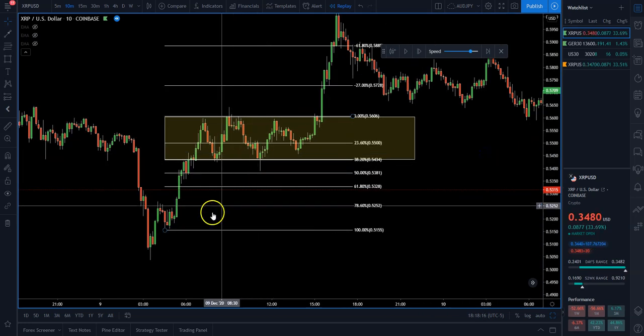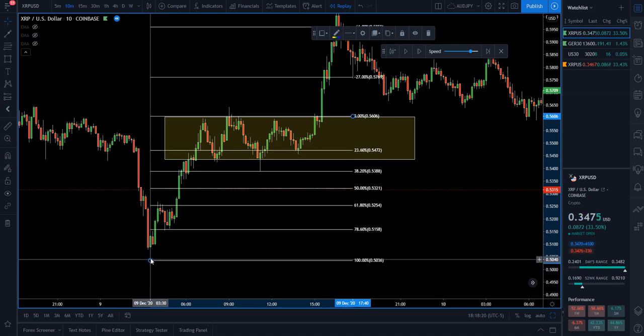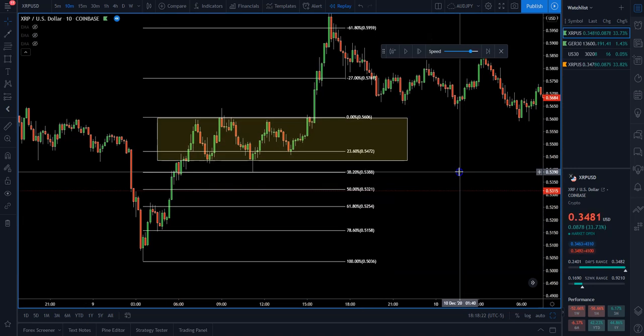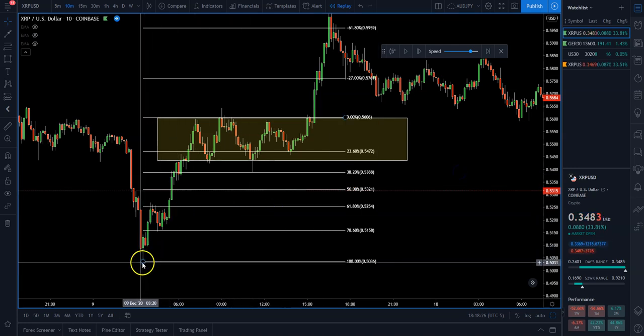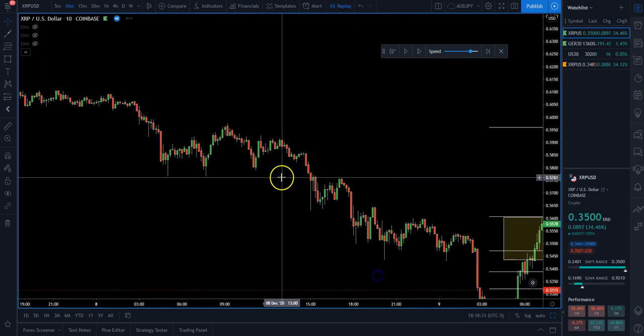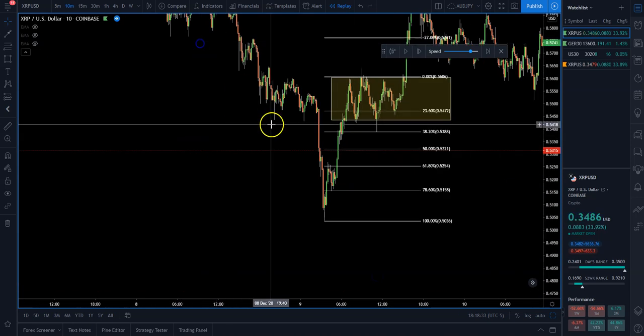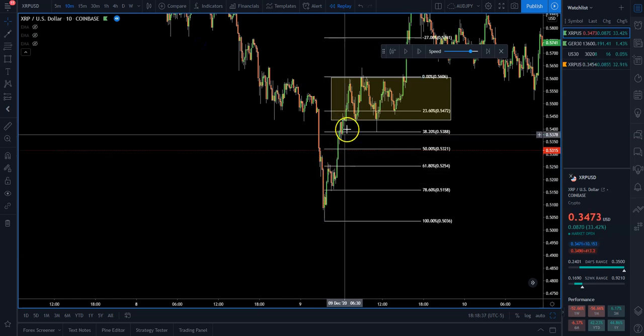38%, almost 50%. See, I don't draw from all the way down here. You can, but I'm kind of picky with how I draw my charts. I don't draw from all the way. I'll draw where I see the start of the move.